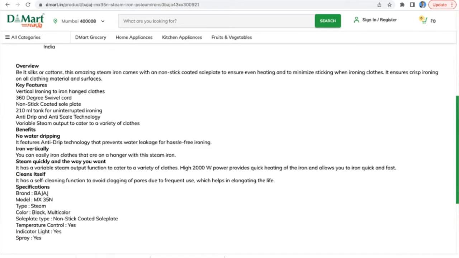Once you go into each of these categories, there are products, and when you select each product, there is detailed information on the product, its features, how it is beneficial, what its exact specifications are, and other details. This will help customers compare products with competitors and purchase the right products.